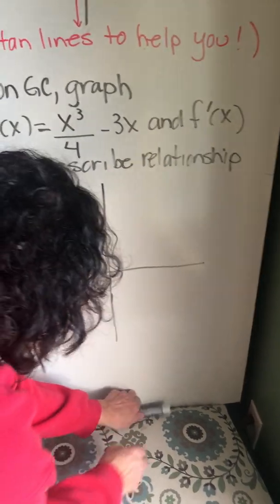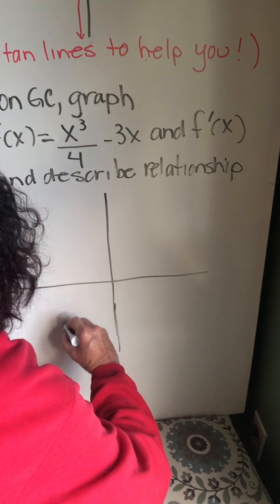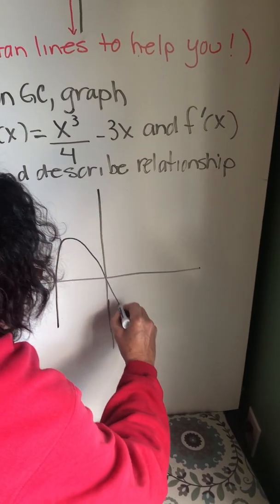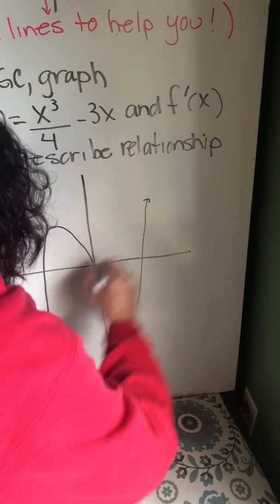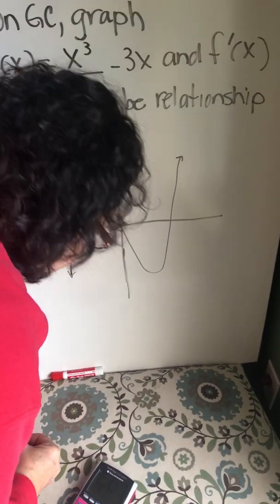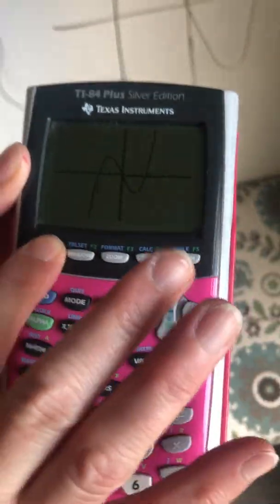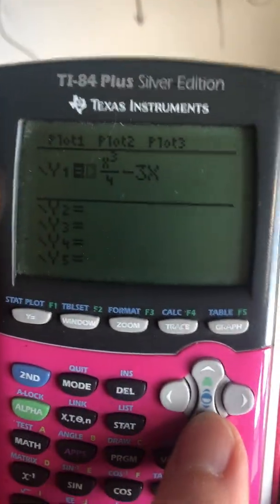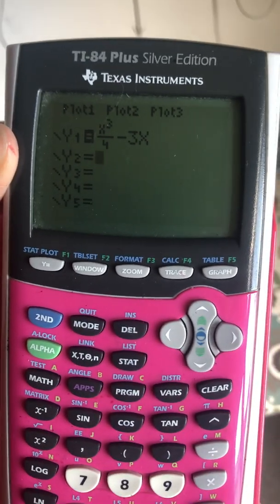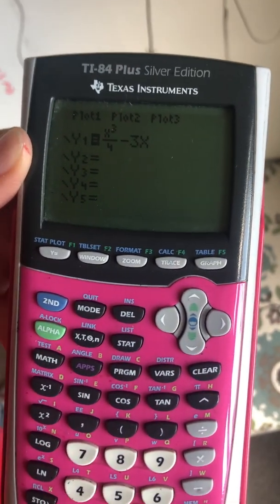That looks about like this. Now, the reason why I picked this problem is I want to show you how to graph a derivative graph. So let's go back to our y equals. Let's go to y2. And I want the derivative of the function I put into y1.